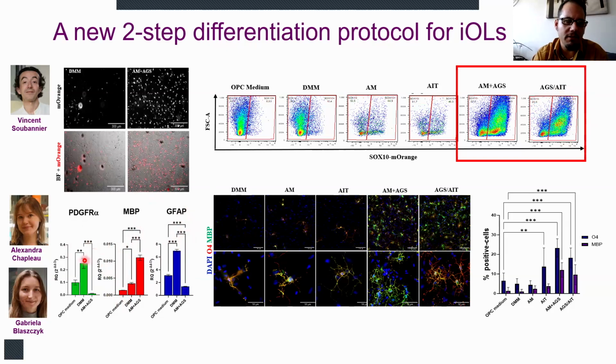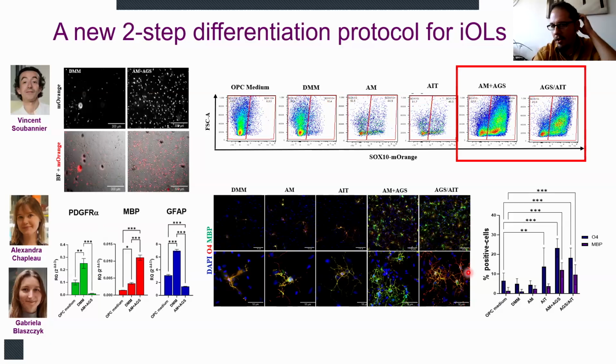Also, it's interesting to notice how with the astrocyte growth supplement, we have a downregulation of PDGFR alpha, which is really a marker of OPCs. So it is normal that this decreases as MBP goes up.